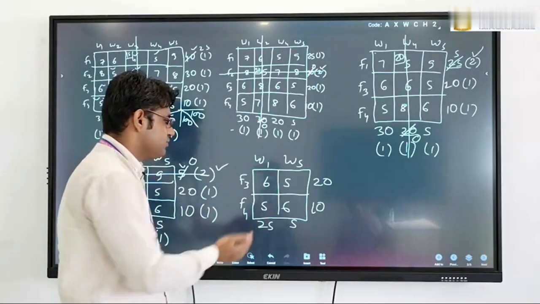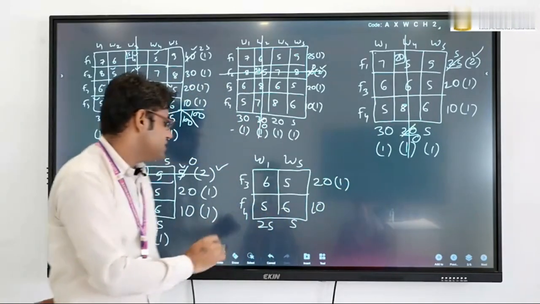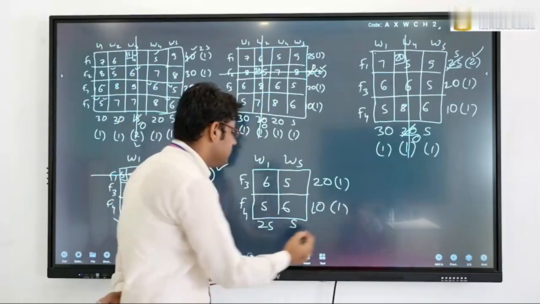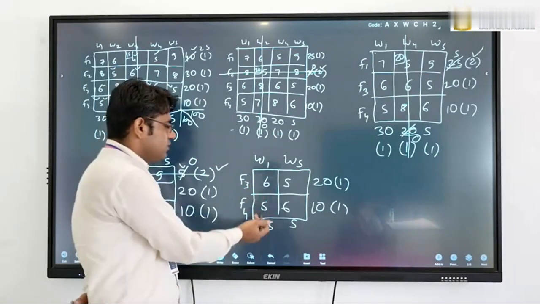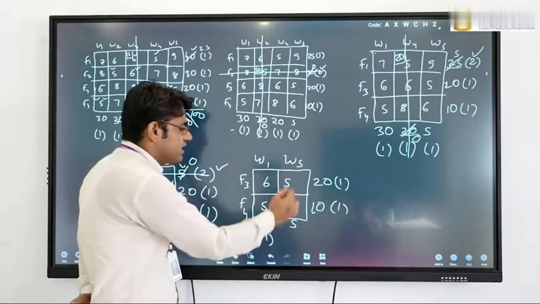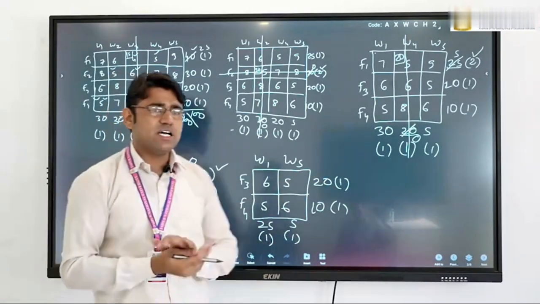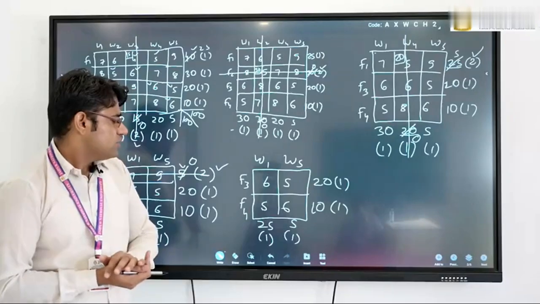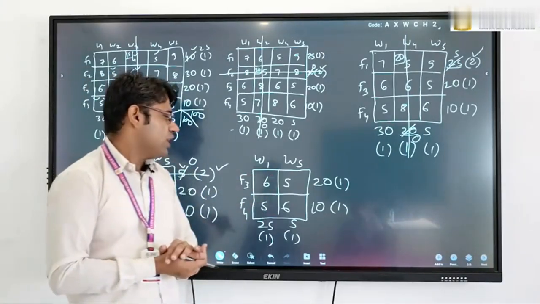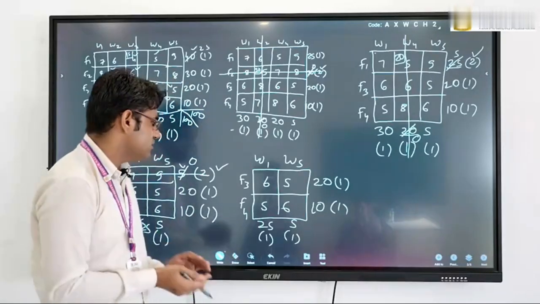Here in the first row smallest is 5 and second smallest is 6, so the penalty is 1, and in the second row smallest is 5 and second smallest is 6, so the penalty is 1, and in the first column 5 and 6, so penalty is 1, and the second column also penalty is 1. Here all penalties are the same, but we select the highest penalty, and here all are the same value.